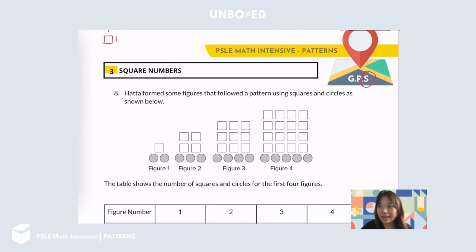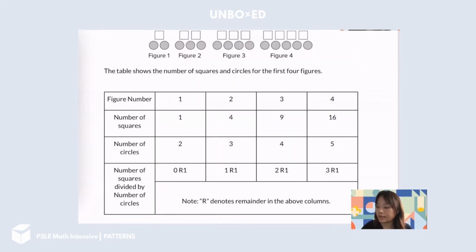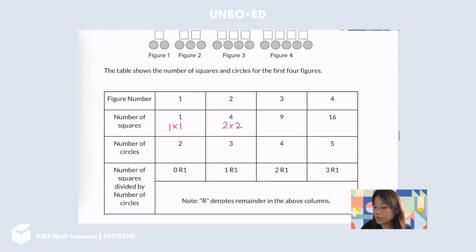That's why you have square numbers like 1, 4, 9, 16, 25, 36, 49, 64, 81, 100, 121, 144, and so on. But in your syllabus, you just need to familiarize yourself with these numbers up to 144, because 144 is 12 times 12.